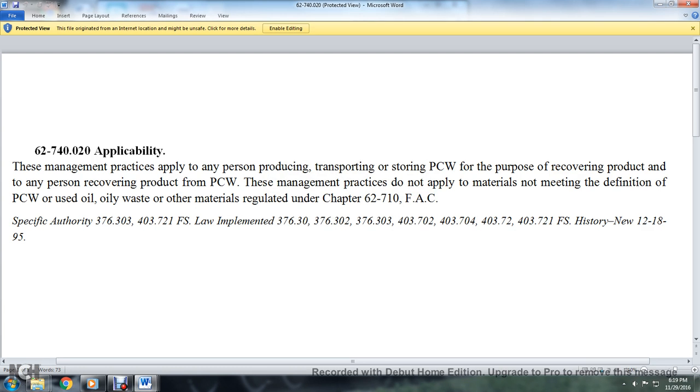These management practices do not apply to materials not meeting the definition of petroleum contact water, and used oil, wastewater, or other materials regulated under Chapter 62-710, Florida Administrative Code. Specific Authority 376.303, 403.721. Law Implemented 376.30, 376.302, 376.303, 403.702, 403.704, 403.72, 403.721. History: New December 18th, 1995.